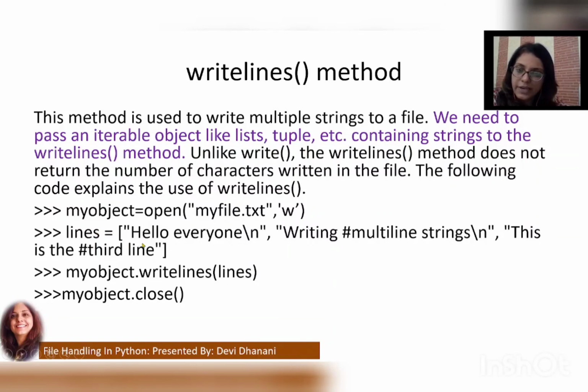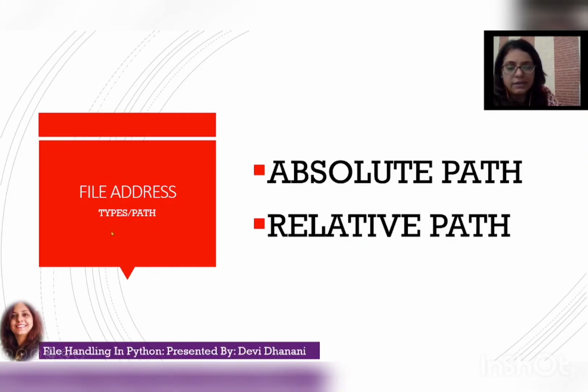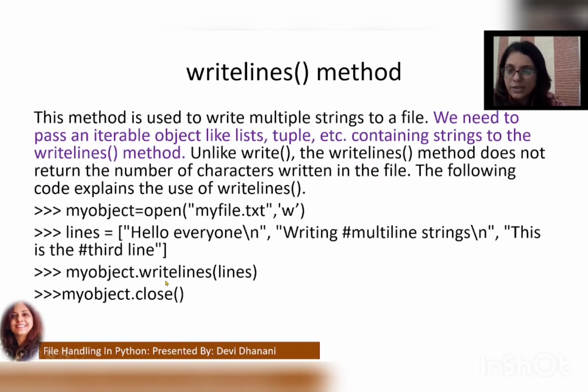In the list form I can do that. So as you can see, a list of strings is specified, and we can pass that to the writelines function, and the text will be added to the file. Subsequently we can close the file. So this was all about write and writelines.